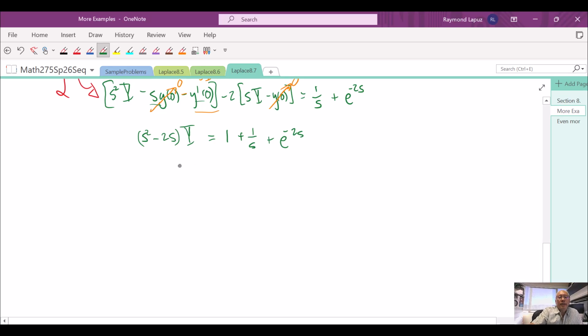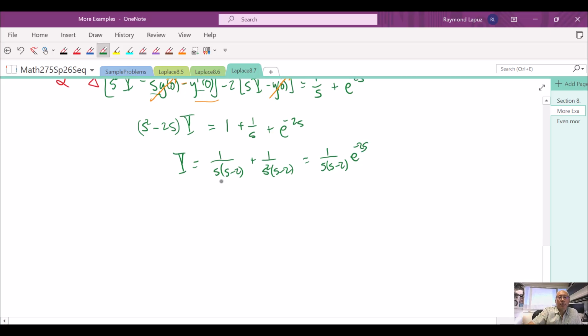So y is equal to 1 over s. We could factor out an s here, right? S minus 2 plus 1 over s squared, s minus 2. Probably could combine that into one fraction. 1 over s minus 2 e to the negative 2s.